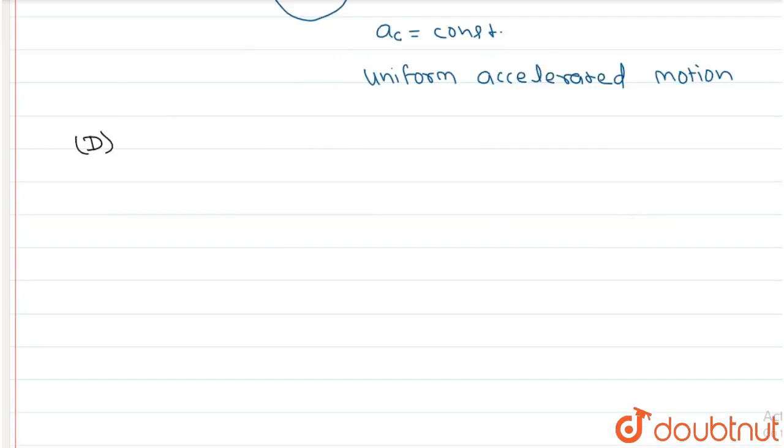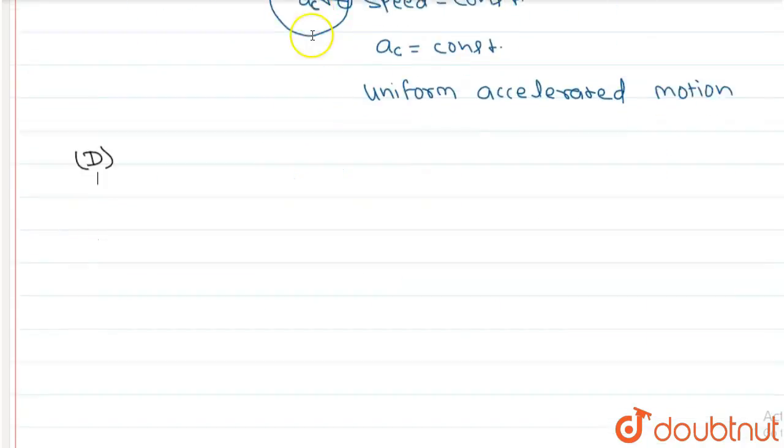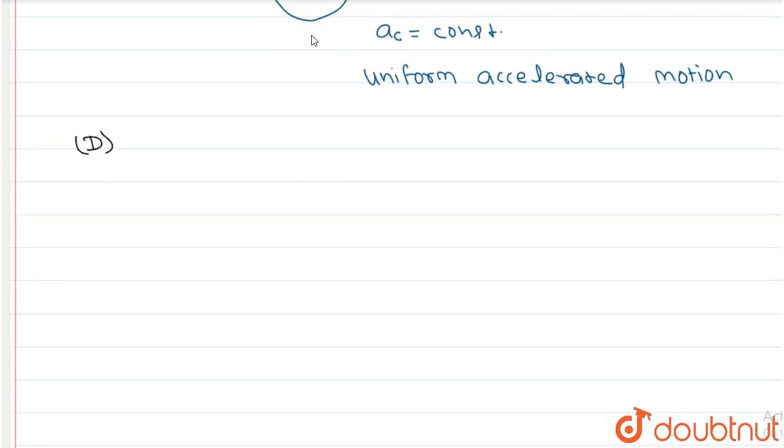Now we will discuss D. Swing of pendulum. In swing of pendulum, acceleration is directly proportional to minus x. x is displacement from the mean position.